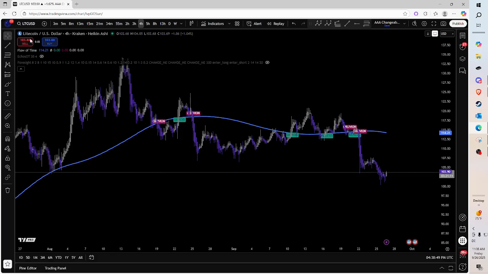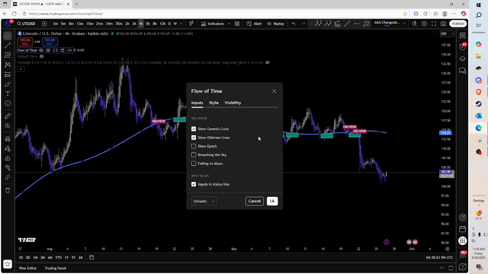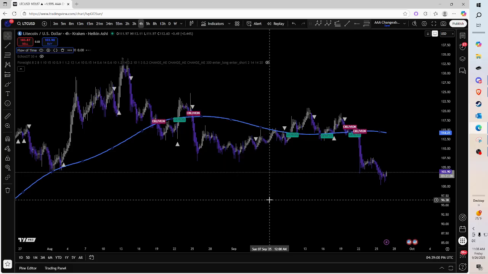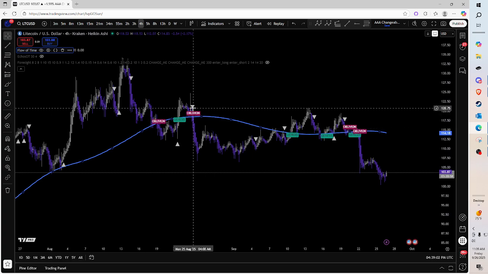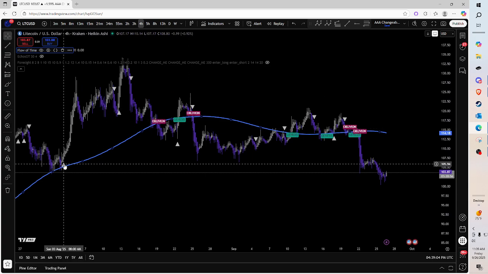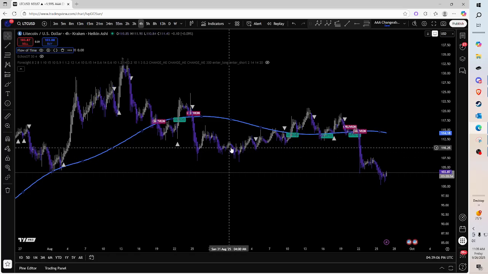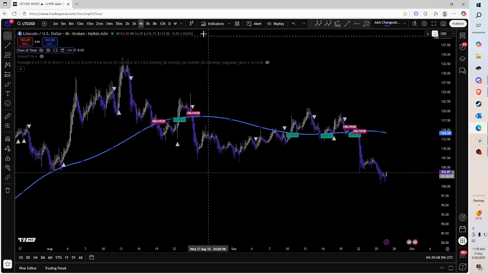So we wanted something a little faster than that, and the way that we were able to do it is to add a couple more breaching of the sky and falling into the abyss. And it's these signals right here where we can see. Let's go back out to the daily real quick.